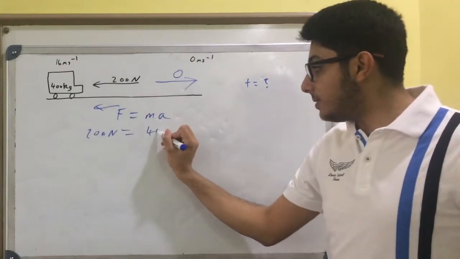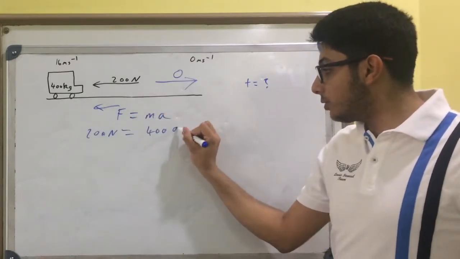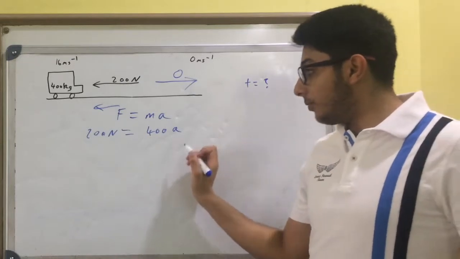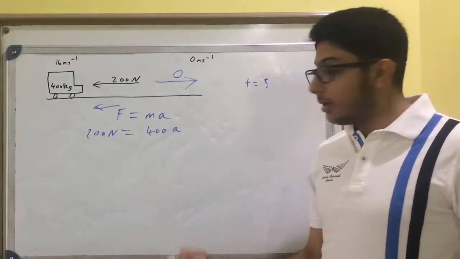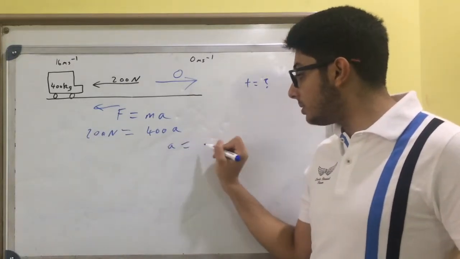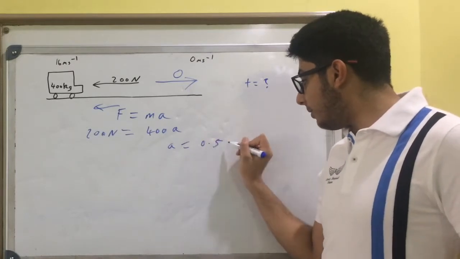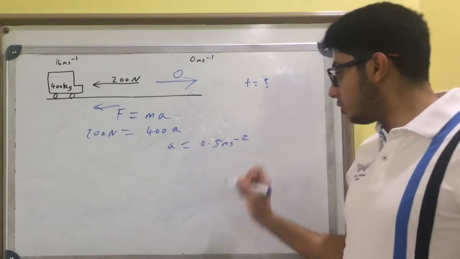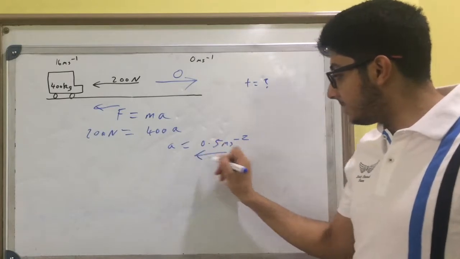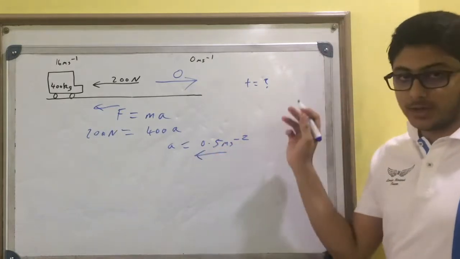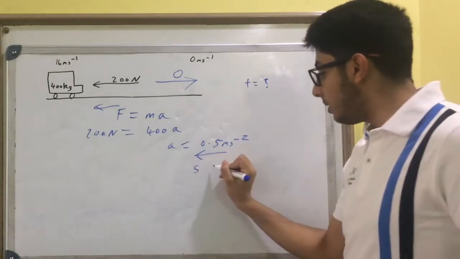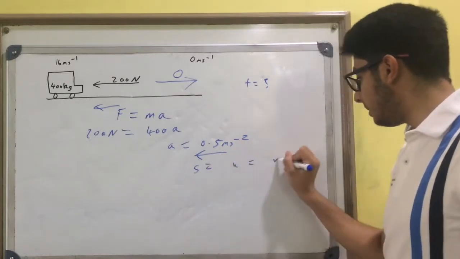Mass 400 kilograms. Acceleration, we're trying to find it. So you rearrange the formula, you get acceleration is equal to 0.5 meters per second squared in this direction. So it is decelerating.